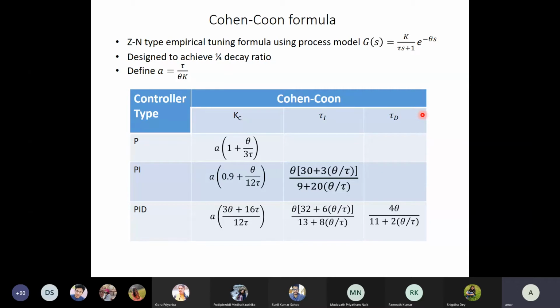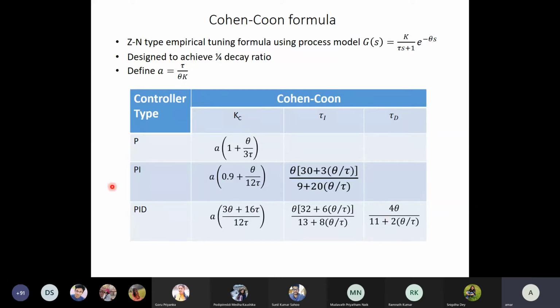In a similar fashion, Cohen-Coon also established a method for finding the process parameters, which is nearly similar, and then found empirical tuning formulas, which are also based on the parameter A, which is tau by theta K. The tuning formula for P is A within bracket 1 plus theta by 3 tau, and so on.